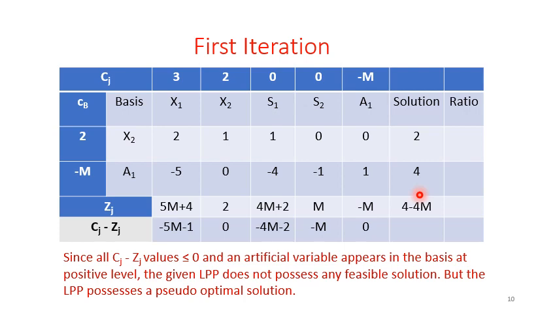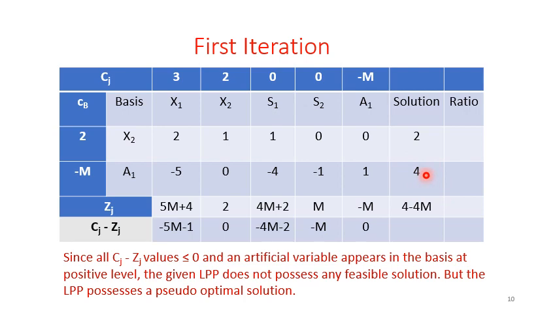The second condition was that at least one artificial variable can be present with a value of 0. Then a solution is there, but it is degenerate. But here the artificial variable is present and the value is not 0, it is a positive value, so it becomes the third condition, that is, a pseudo optimal solution.